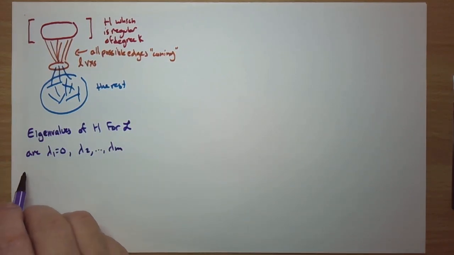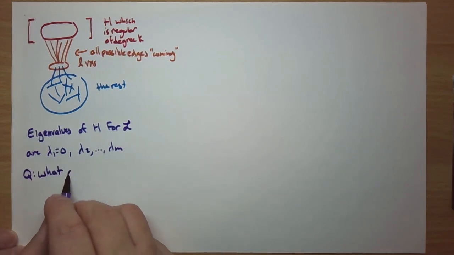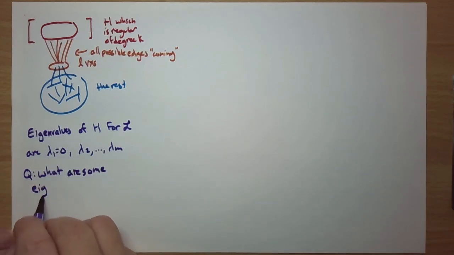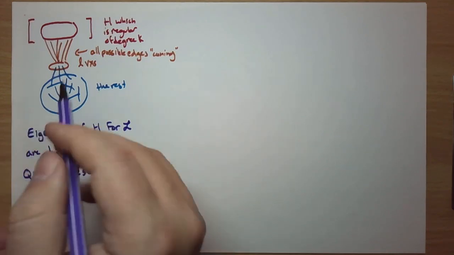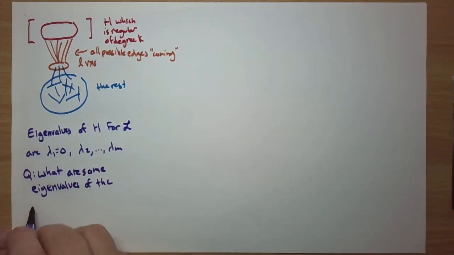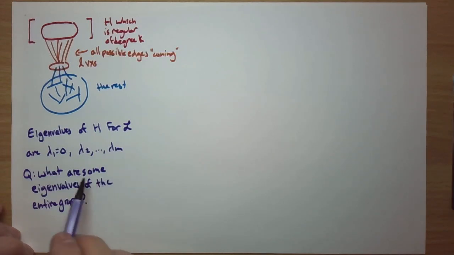And now the question, what are some eigenvalues for the big graph? In other words, can we take these eigenvalues that we know of and get more eigenvalues? I make no claim we'll get all the eigenvalues of the big graph, but certainly we want more. Who doesn't want more?